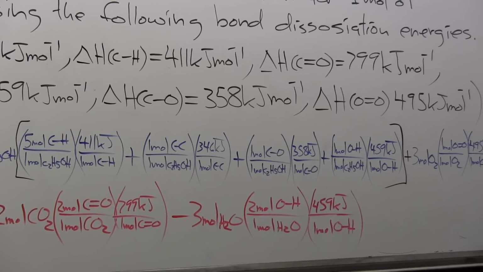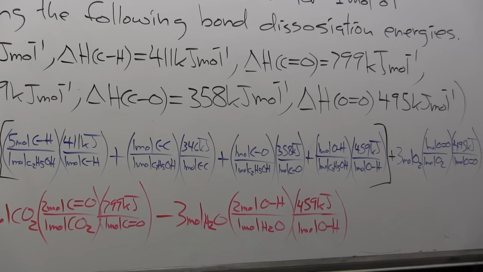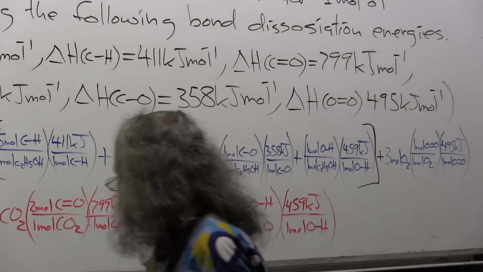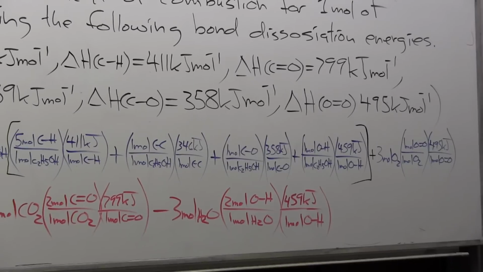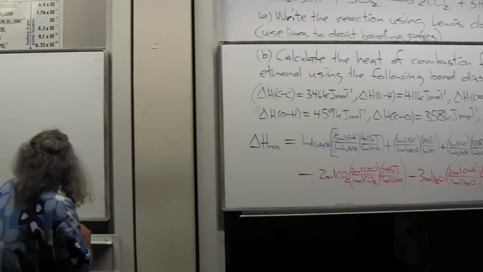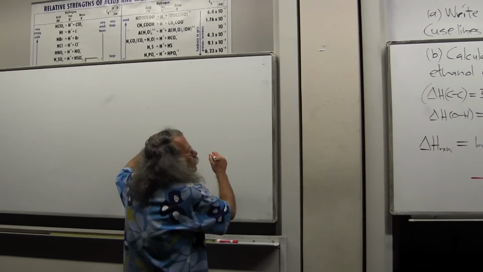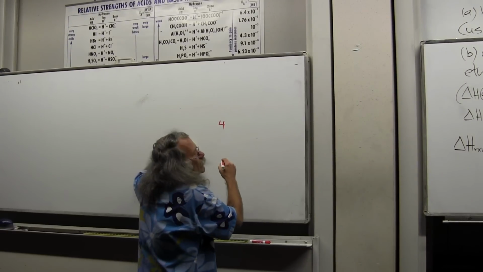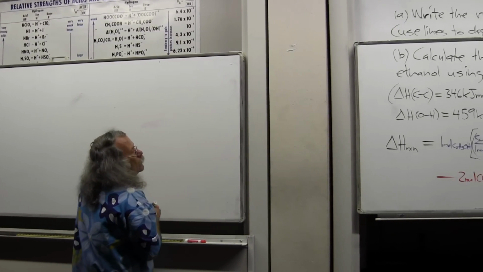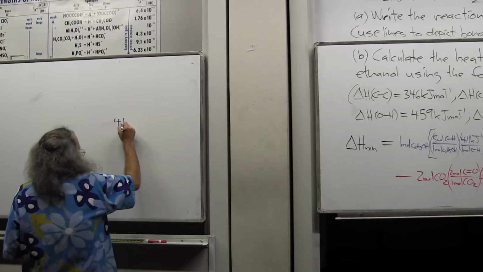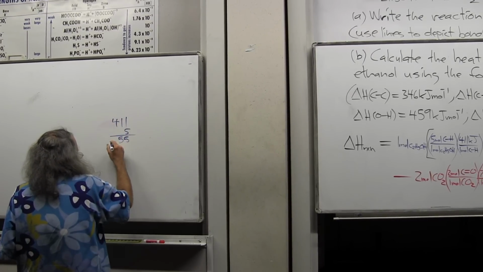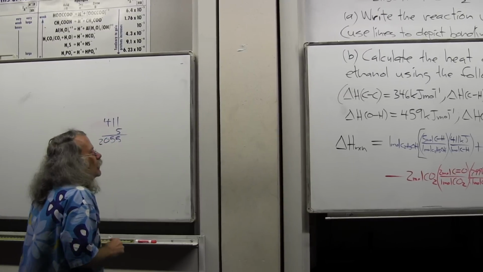Now I'm going to have to go over to my scratch paper and do the calculation, which I'll do here on this sideboard. 5 times 411, 4 times 5 is 20, 2055.